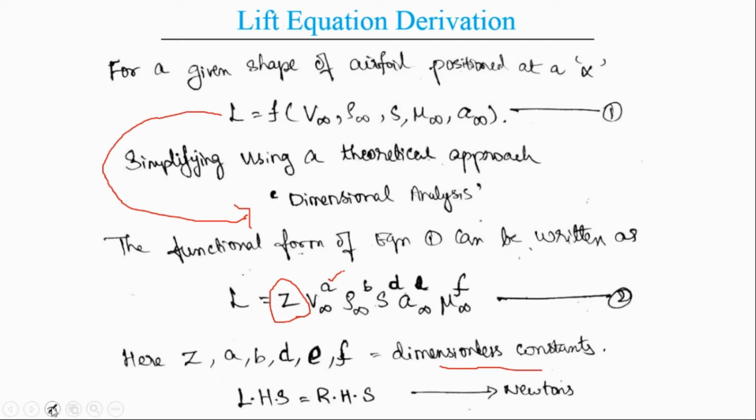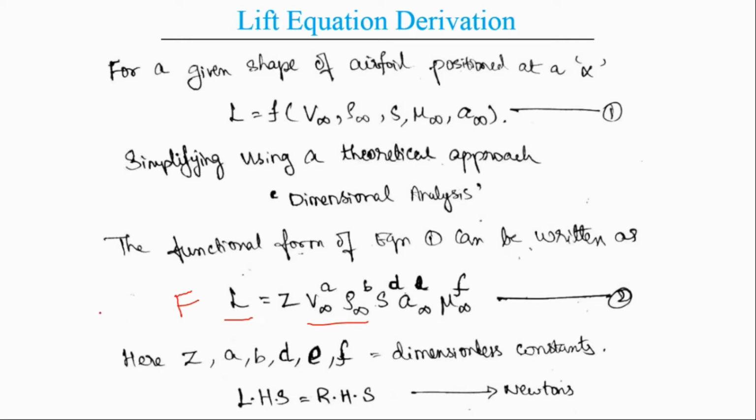Here one thing we know is that in dimensional analysis, we compare the left hand side of the equation and the right hand side of the equation. One thing we are sure about is lift is a force. So force in general has a unit of Newton. So Newton is nothing but kg meter per second square.